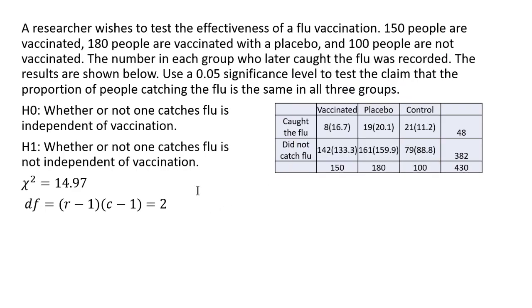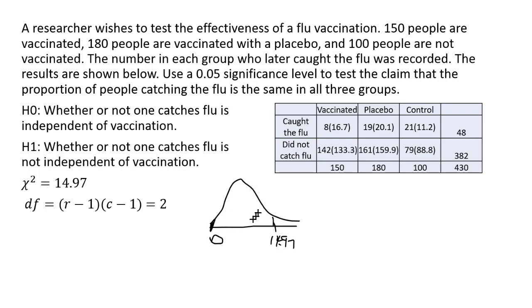That's because the chi-square graph looks like this, and the 14.97 is a very high value. What we just calculated with the calculator was the area from 0, it starts at 0 here, until here.